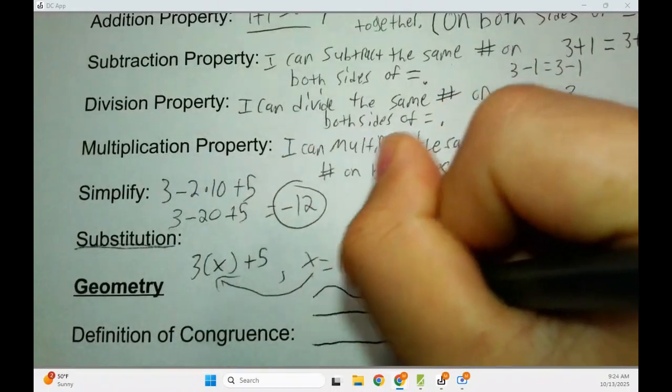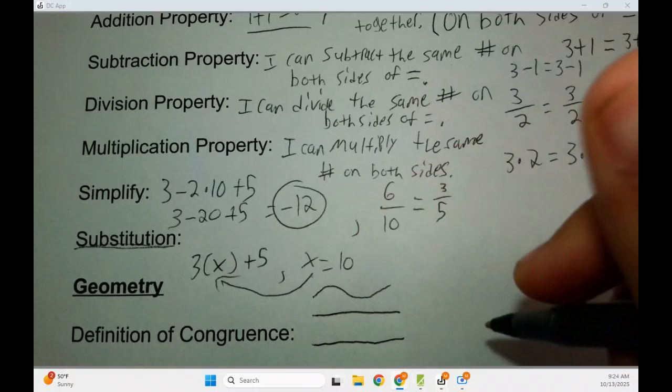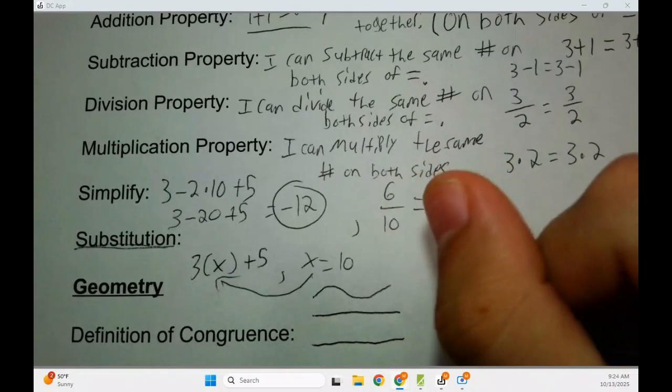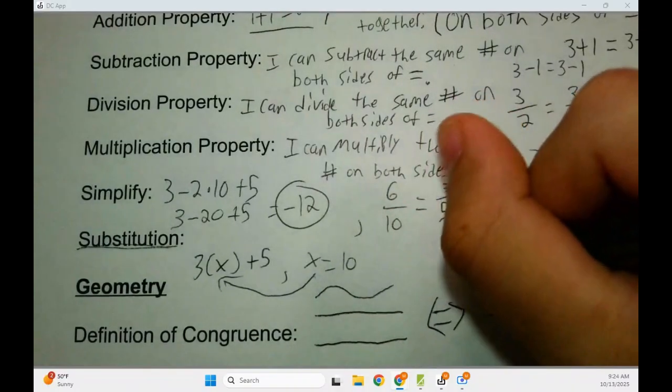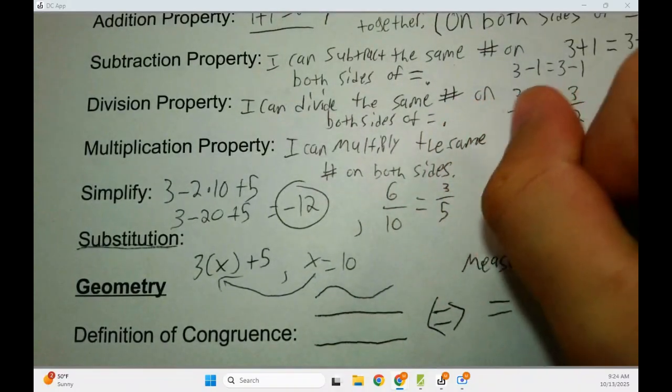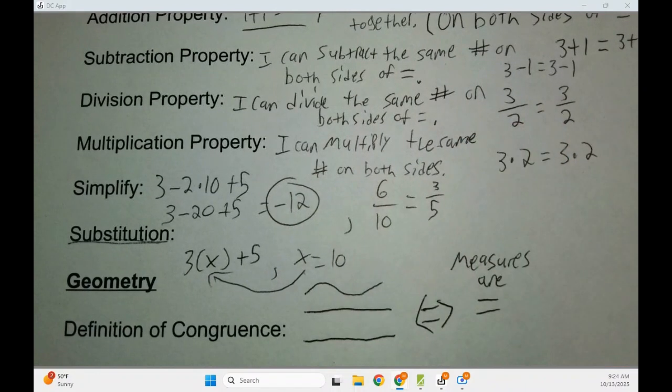It kind of looks congruent. Okay? So what I'm talking about here is congruent means that the measures, that could be angle, that could be measuring with a ruler, any measurement that I make, those measures are equal.